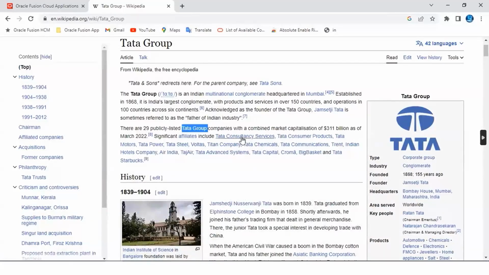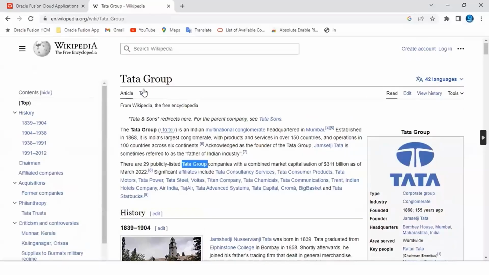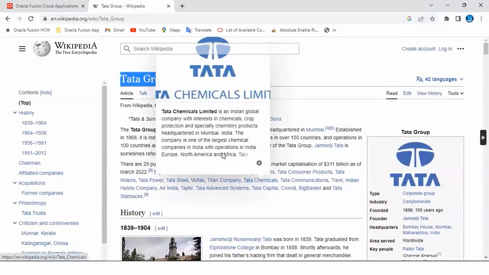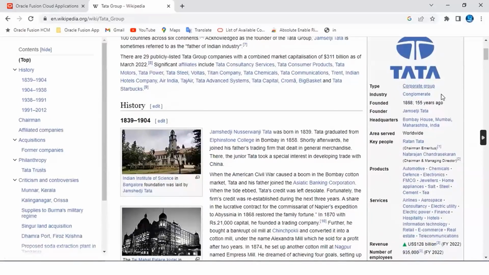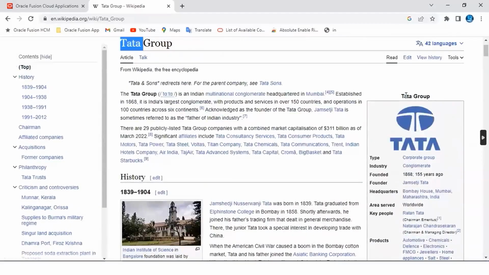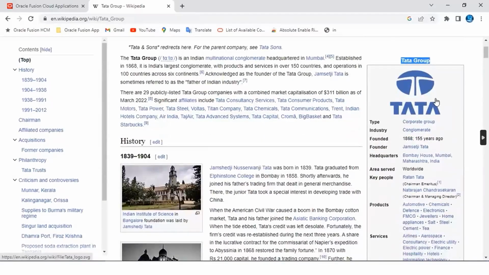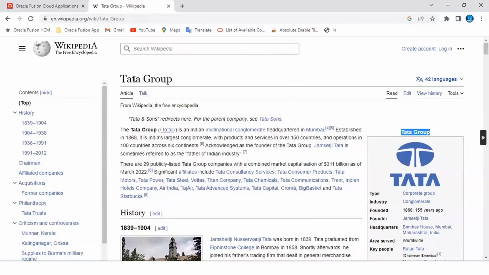These are all companies of the Tata Group. But at the top, above all these actual companies of Tata, there is something called Tata Group. What is this Tata Group, team? See, that is the mother holding group. That is the ultimate holding group of your client.